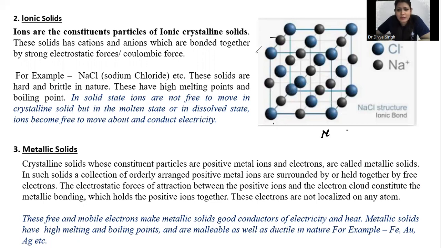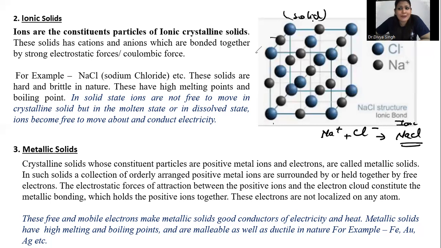We know that sodium is positively charged, chlorine is negatively charged. When they come close, due to the electrostatic force of attraction, it leads to the formation of an ionic bond. Since an ionic bond is forming over here, such a solid is called an ionic solid. And this is the solid state of NaCl.